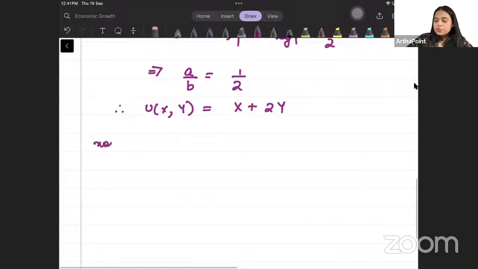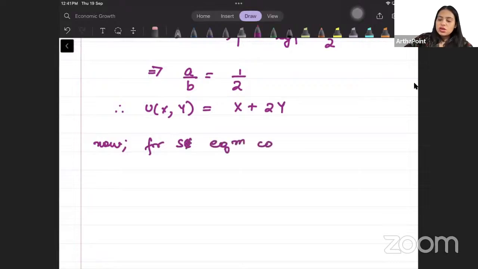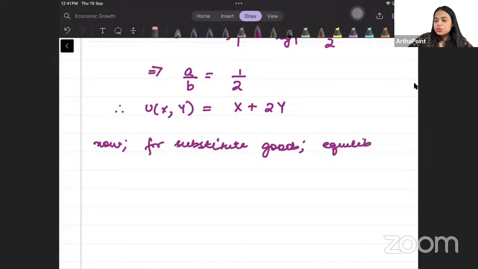Now, we know for substitute goods, equilibrium condition. Please write substitute goods fully, don't write short forms. What's the equilibrium condition, beta?